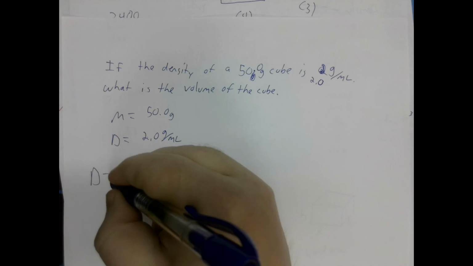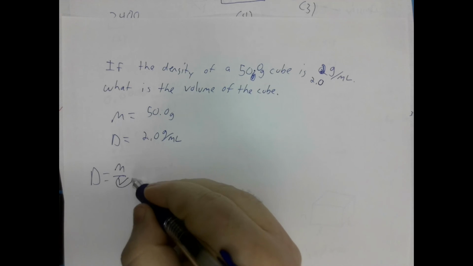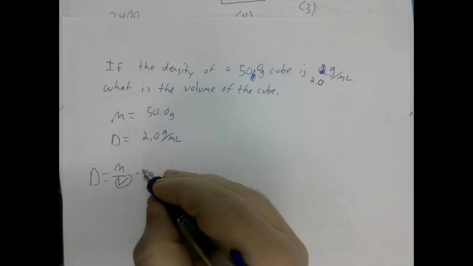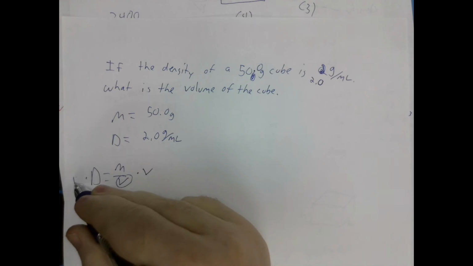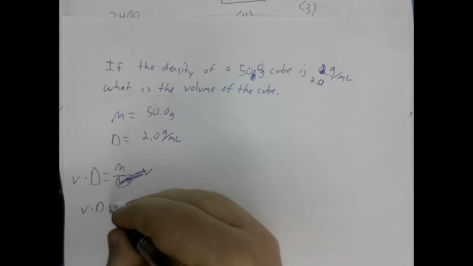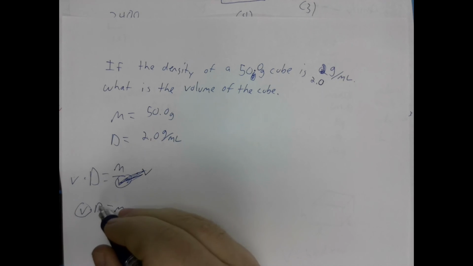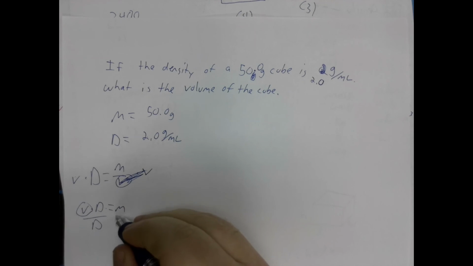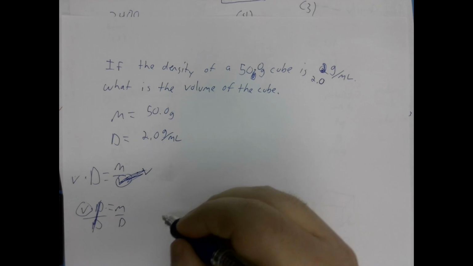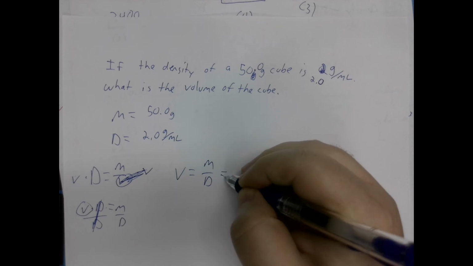And our equation, density equals mass divided by volume. We're trying to solve for volume, so we need to put it in the numerator. Multiply both sides by volume, cancels that out on this side. Volume times density is equal to mass. We're still looking for volume, so we divide both sides by density, cancels it out, and we're left with volume is equal to mass divided by density.